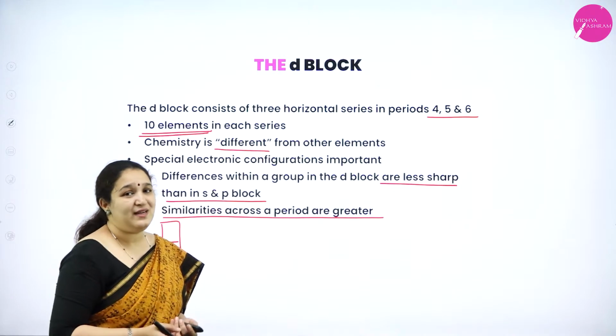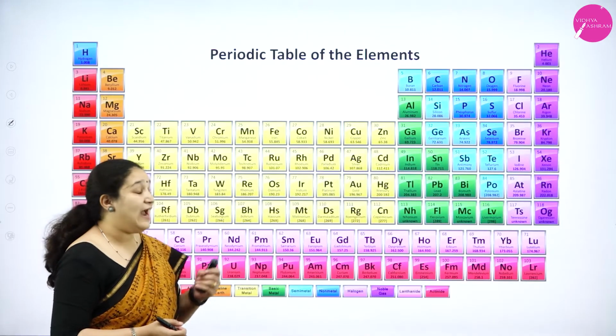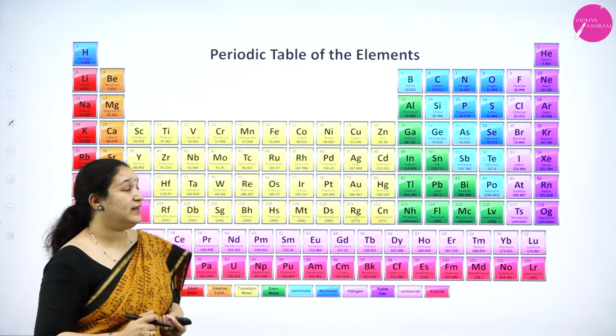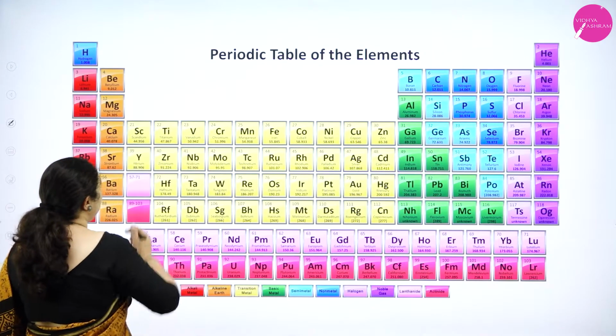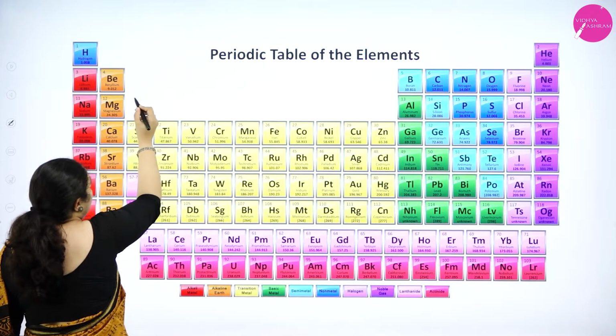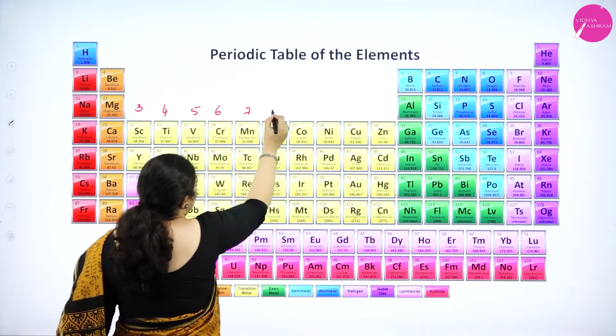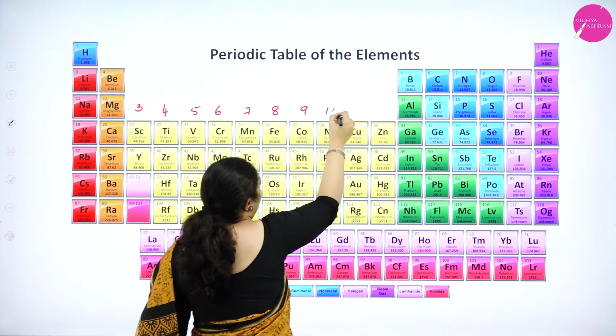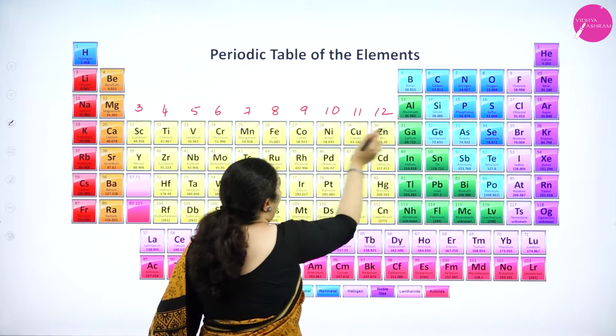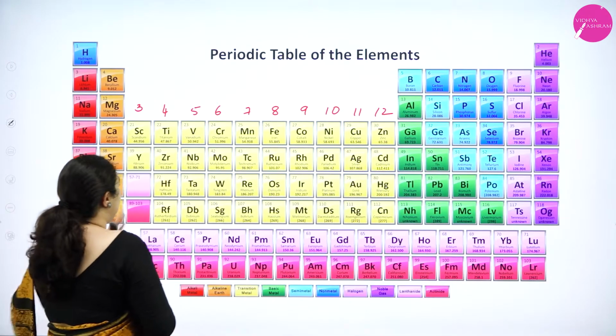So what exactly are D block elements and where are they placed in the periodic table? Here from the third group, that is 3, 4, 5, 6, 7, 8, 9, 10, 11, 12, all these are D block elements.